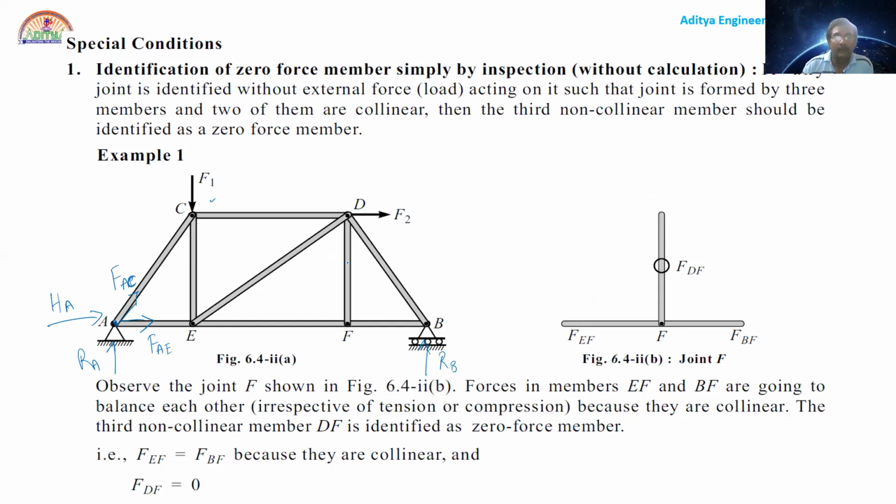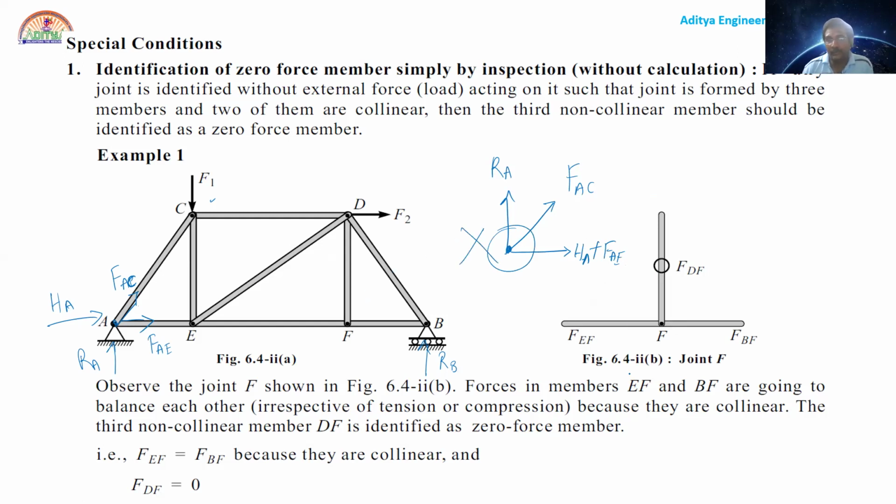Now I am identifying joint A. The forces are FAC, and this is HA, this is RA, and I have FAE. Three forces are in three different directions, so this condition is not applicable at A.